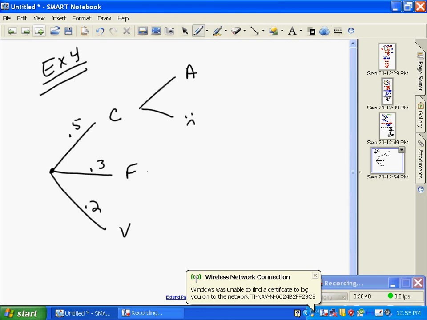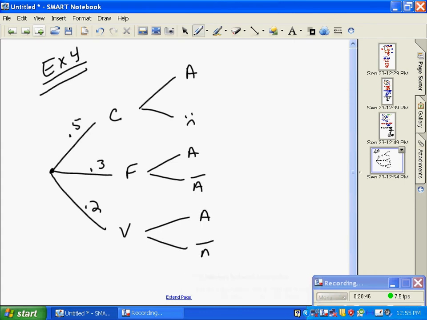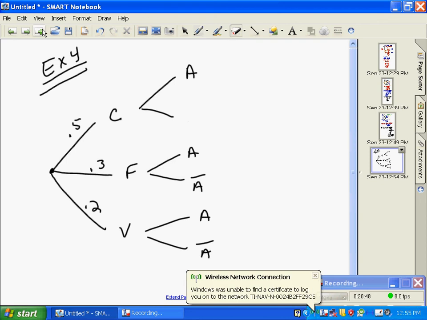We'll put a frown for that. Air or no air. It says that 60% of the Chevrolets have air, 50% of the Fords, and 30% of the Volkswagens.